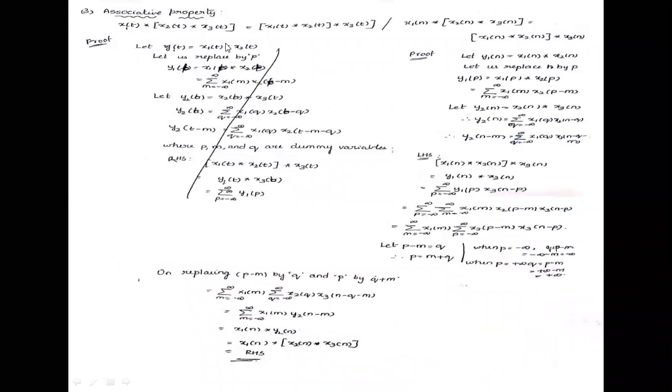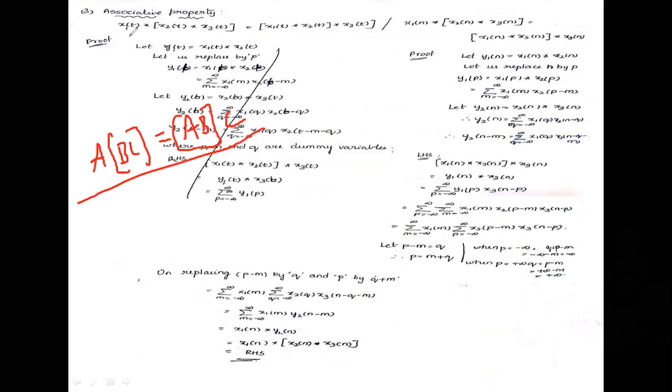Next, associative property. What is associative property? As in mathematics we know, A into BC is equal to AB into C. This is the associative property.